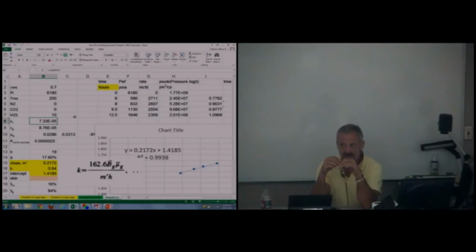So the gravity will change a little bit. But what is the molecular weight of nitrogen? 14.